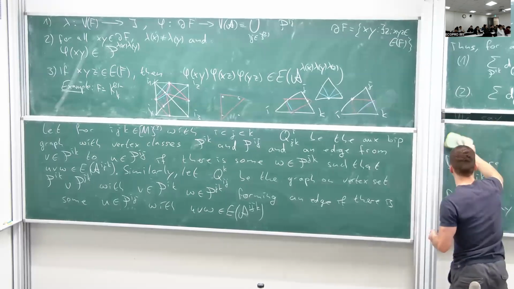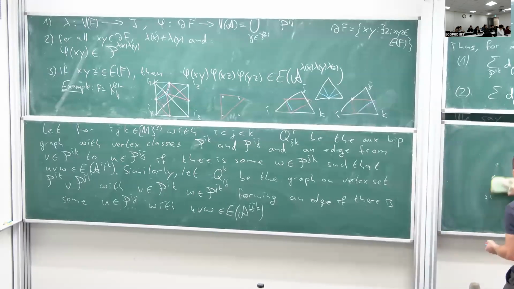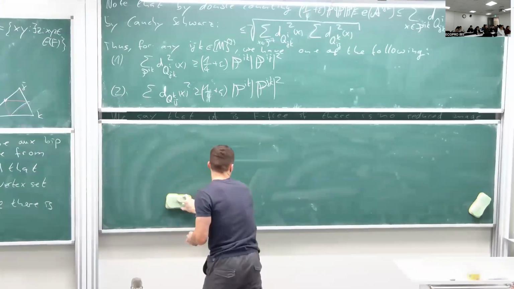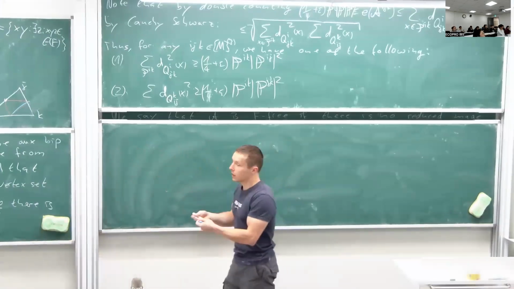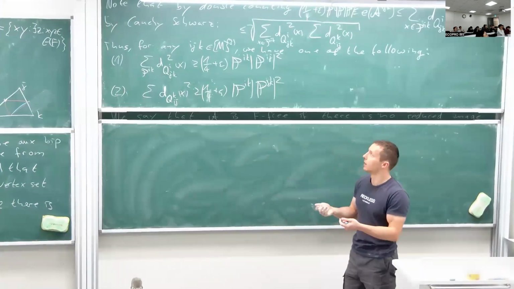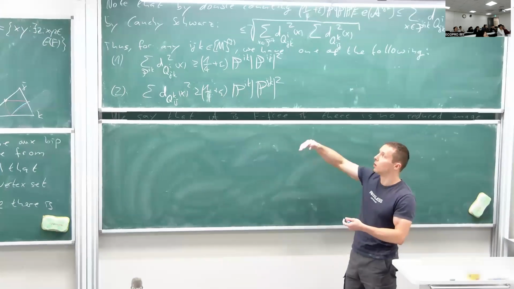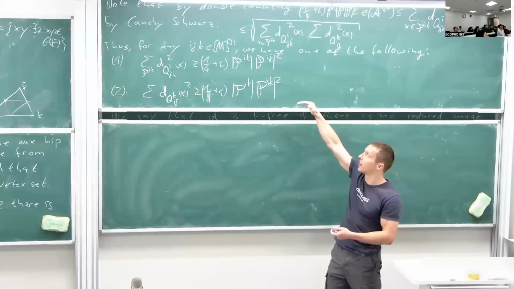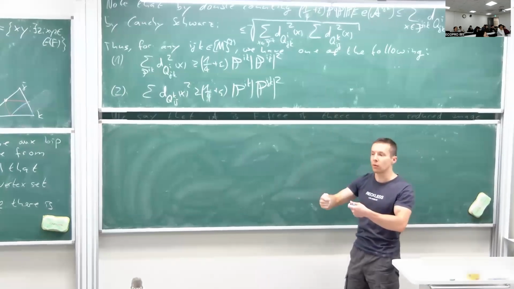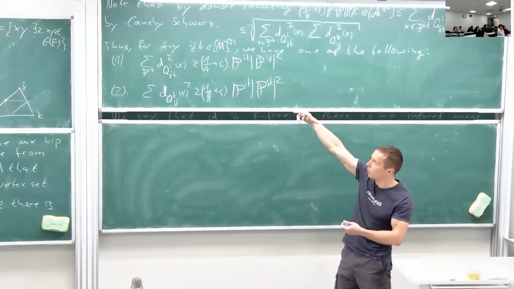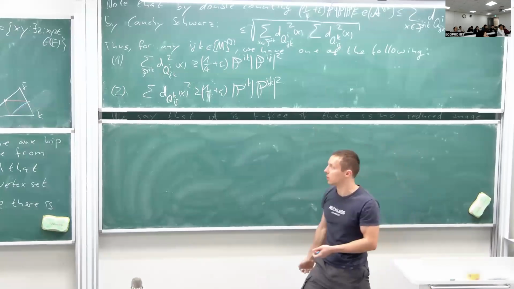For such issues, we have Ramsey's theorem, which allows us to clean this out, and we can get that always one of the two has to occur, because we can think of these two cases as colors on the triples. For each triple, we color it with 1 if case 1 occurs, and with 2 if case 2 occurs.